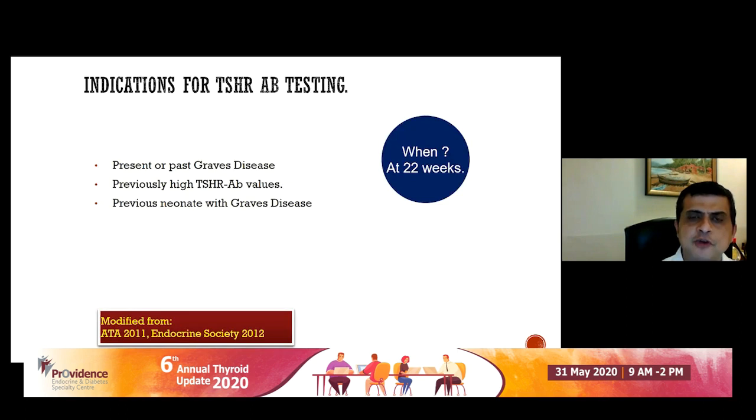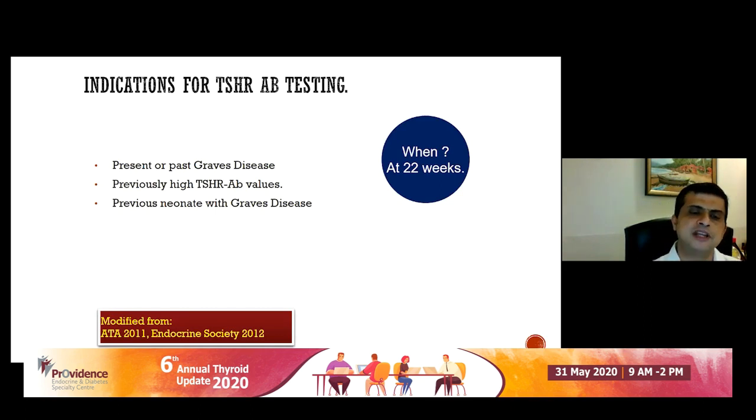What are the indications for TSH receptor antibody testing? There are several indications for TSH receptor antibody testing in thyrotoxicosis of pregnancy. Ideally, the testing is done at 22 weeks. If there is a past history of Graves' or a suspected Graves' disease, you need to do a TSH receptor antibody. If there is a very high TSH receptor antibody, you need to test it during pregnancy.